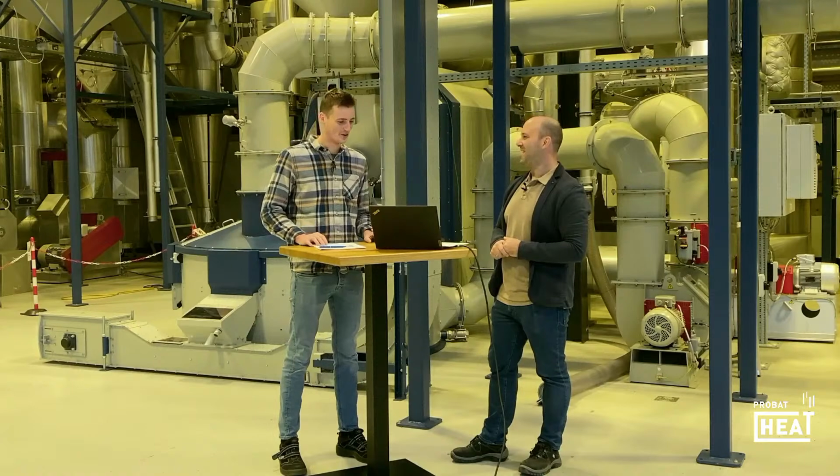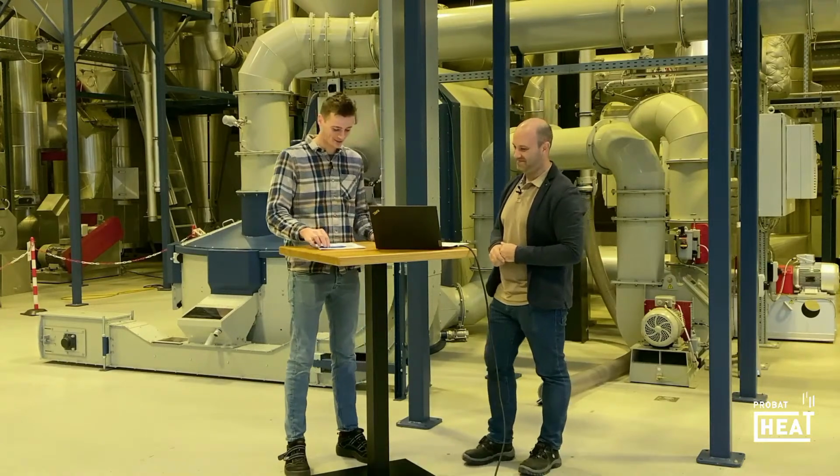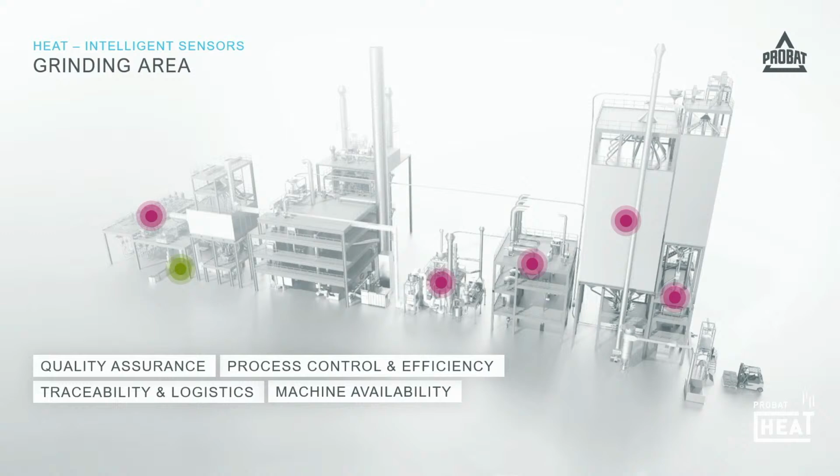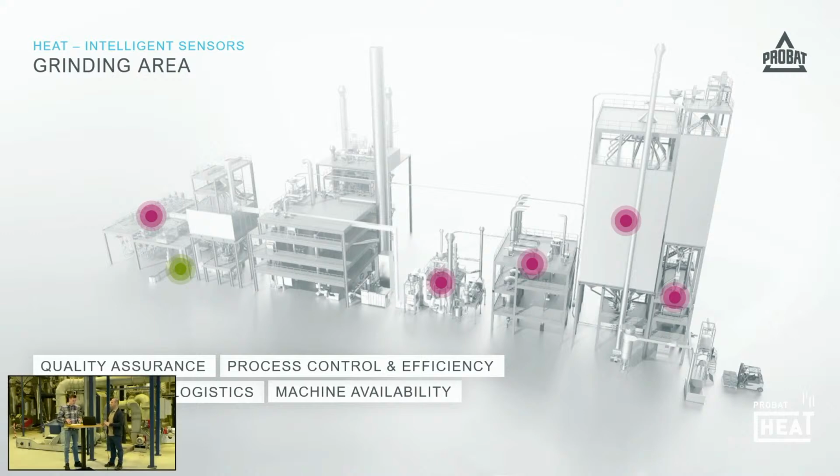So let me quickly wrap up with my last 2 points. Of course, we see 2 more points on the map, and I would like to at least quickly go into the next point, which is the grinding area, and we picked the grinders out, which also are a main component for us here at PROBAT.